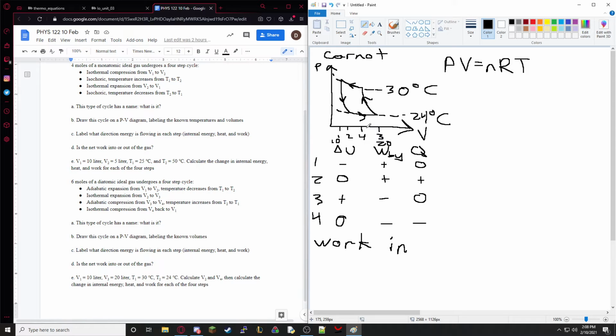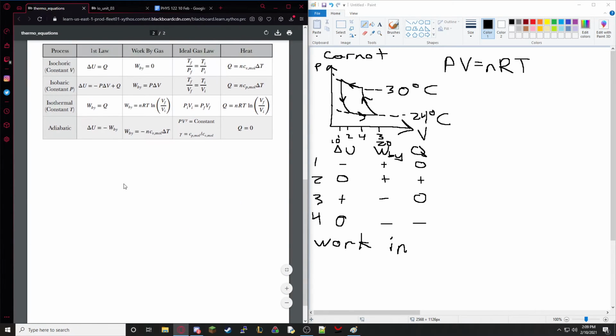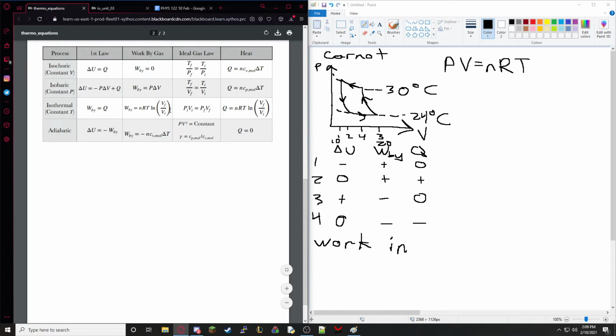And then for processes 2 and 4, we would perhaps use work equals nRT ln(VF/VI). I think it's the other way around. Hold up, let's look at the equation sheet. Oh yeah, you're right.